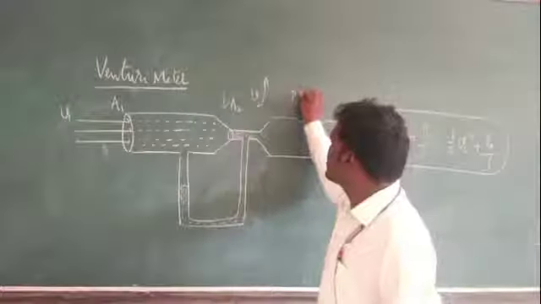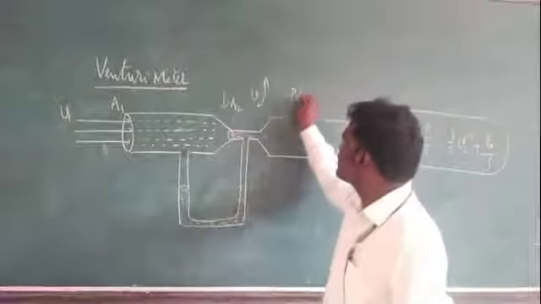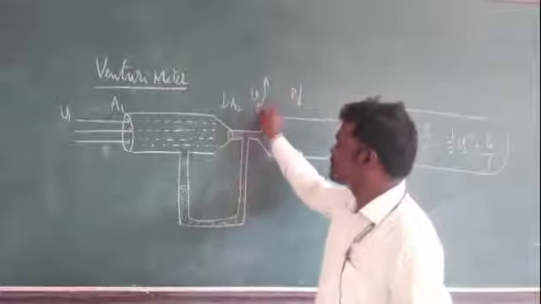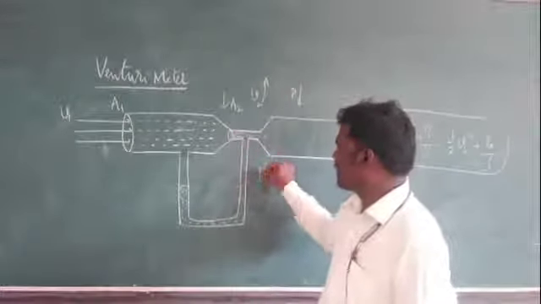When the velocity increases, the pressure at this point is less. Inside the wider part, the pressure is more because the velocity is less.